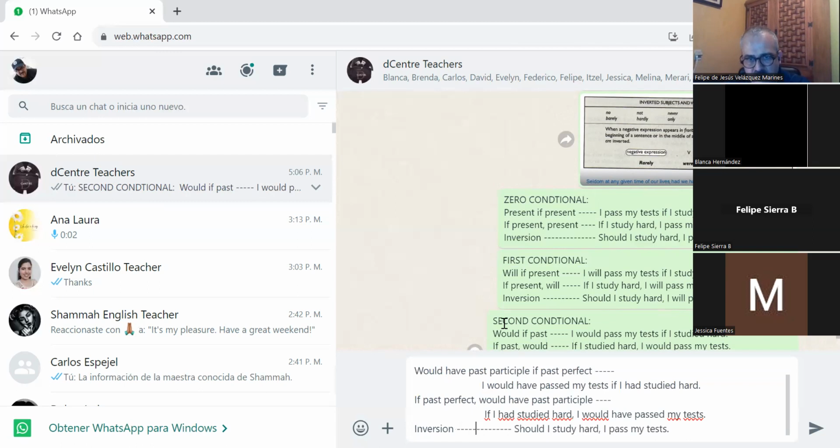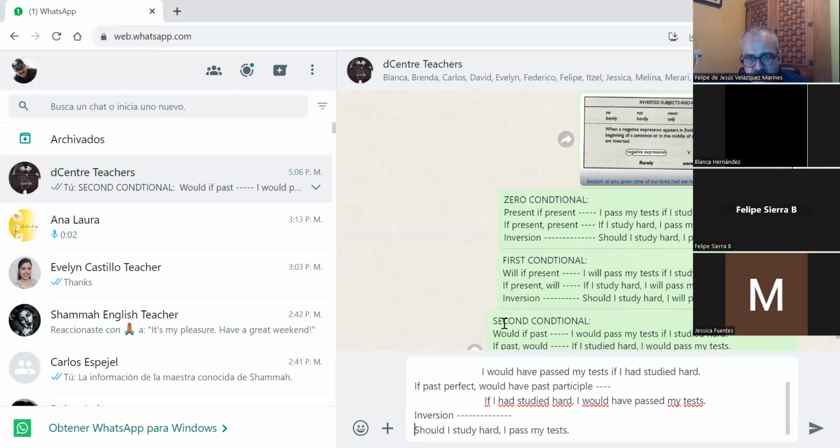So what is the inversion? The inversion in this case is simple. We front had. We say, had I studied hard, I would have passed my test.